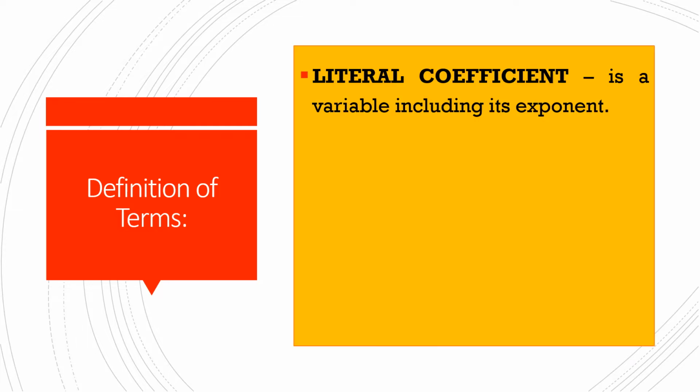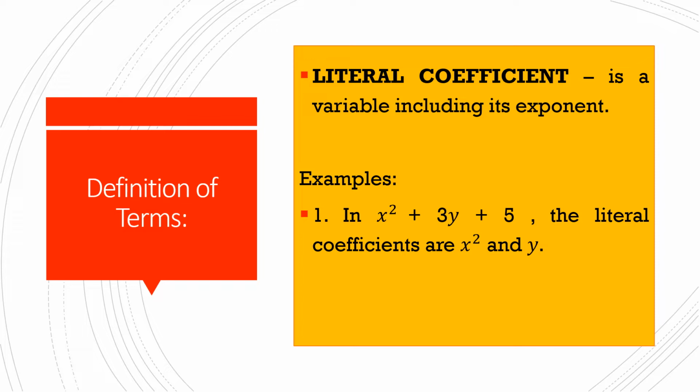We also have to take note of the term literal coefficient, which is a variable including its exponent. We use the same examples that we used a while ago. We have x squared plus 3y plus 5. The literal coefficient of this term is x squared, so we have to include its exponent, which is 2.